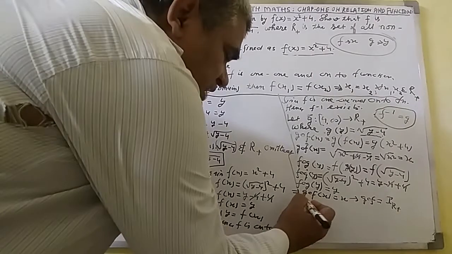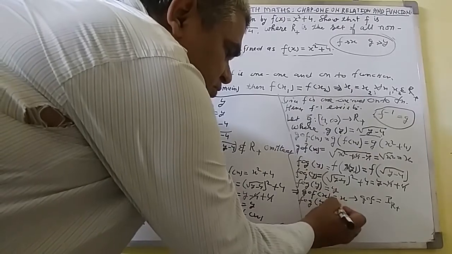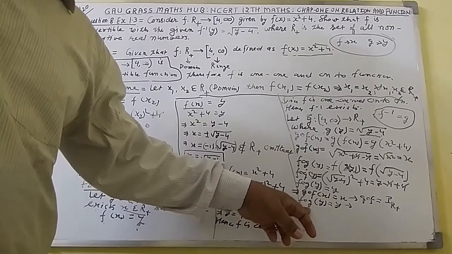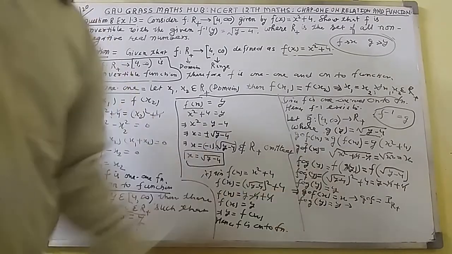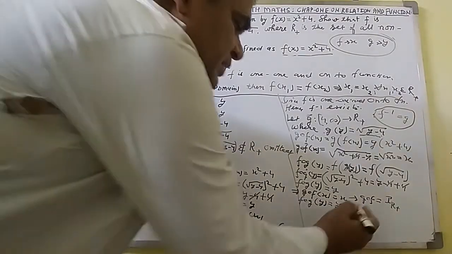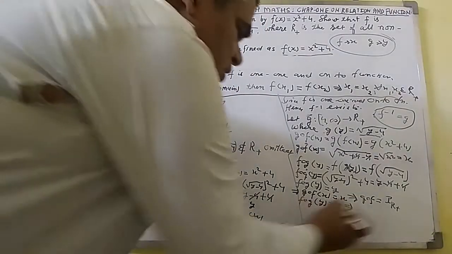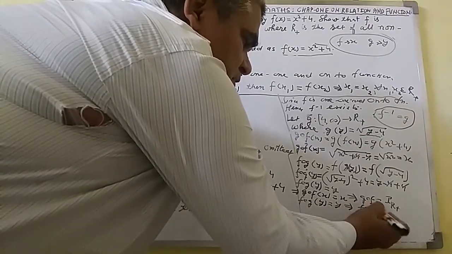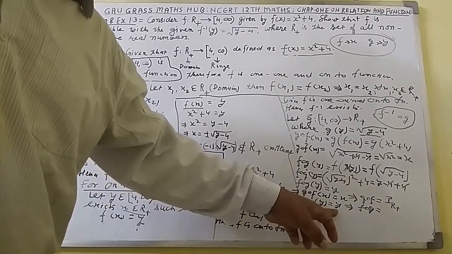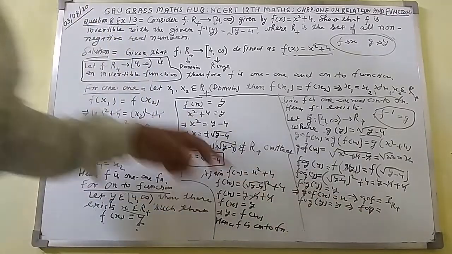Now again I shall write f of g equal to y. So f of g in bracket y equal to y. This implies that f of g y equal to y. Now this y belongs to the range.